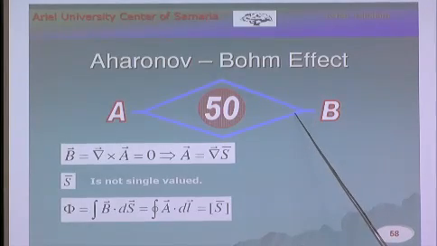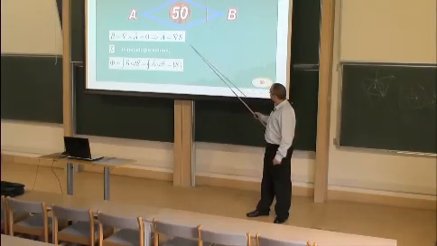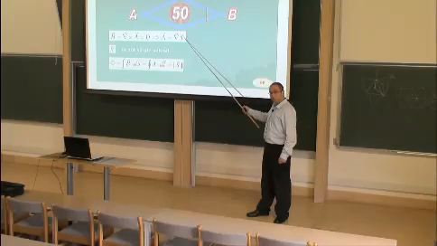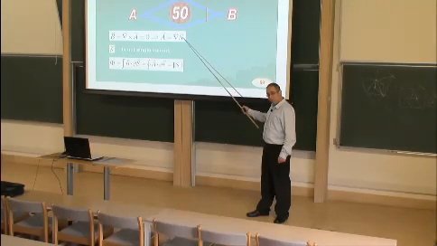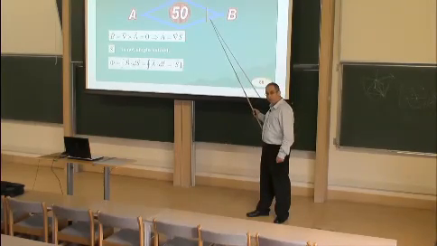Now, this interference has to do with the phase of the electronic wave function. And this phase is really this S over here. This gives you the phase difference, I should say, between those two trajectories.